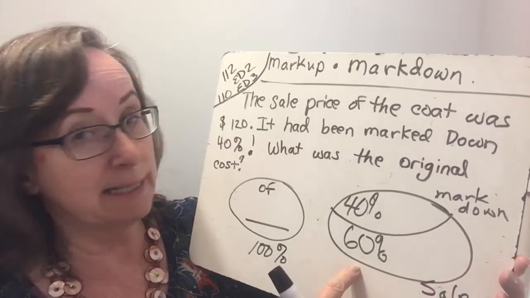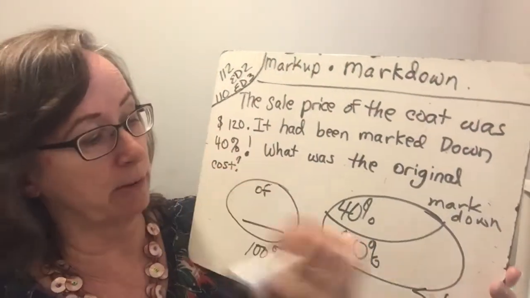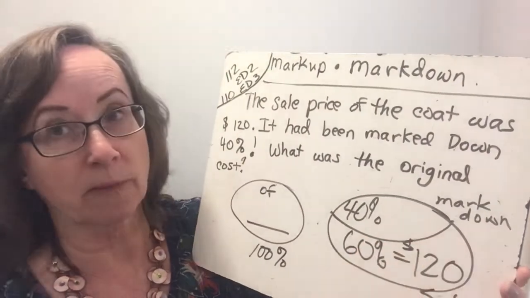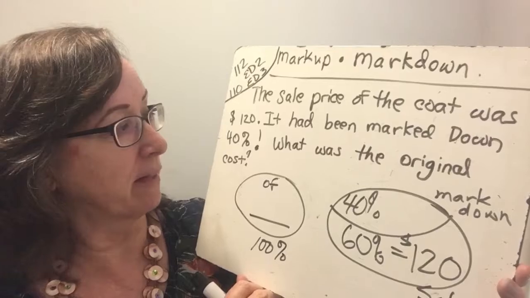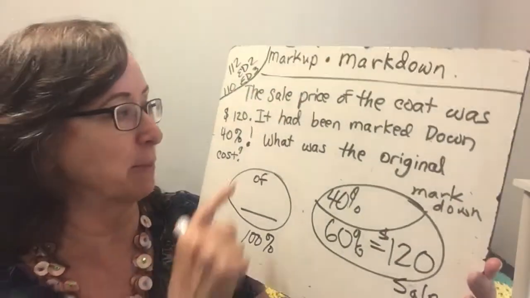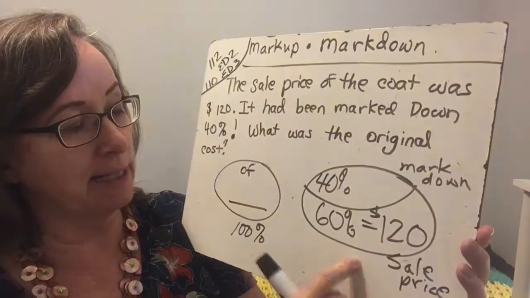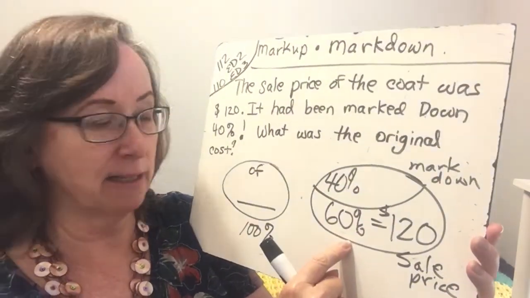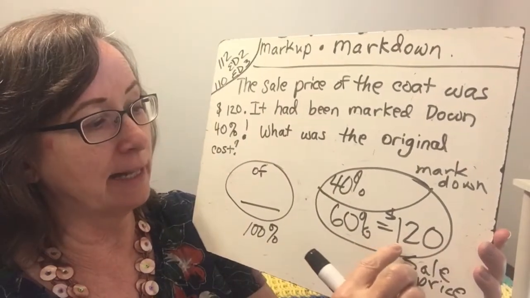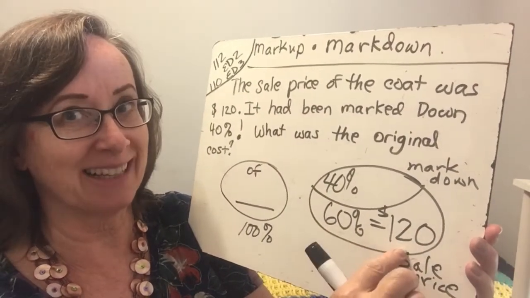Okay, so the 60% is the $120. Now we can do our math. We have only one thing given to us, but it is enough, right? We have the percentage and we have the sale price, so we're able to split our original into pieces, and we know that the 60% is $120.